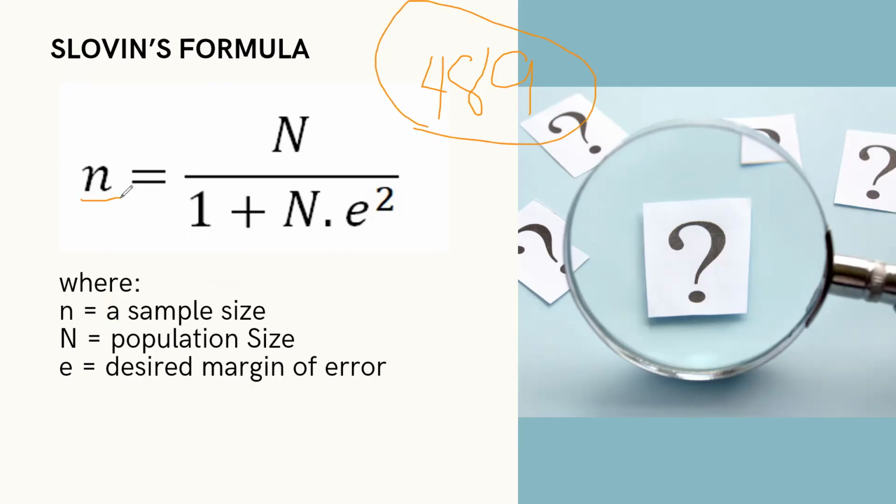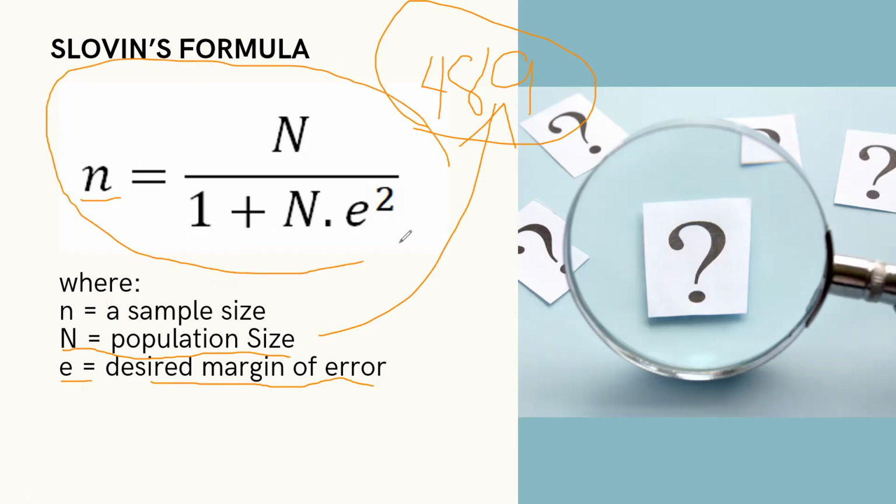So therefore, you need a sample size. Here, N is the total of the population. In this case, that is 489. And e is the desired margin of error, which is constant. So this formula is what we're going to use in order to solve for the sample size.